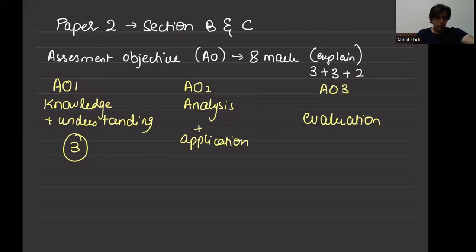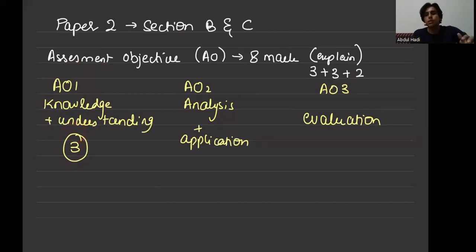You'll get 3 marks out of 8, and 3 only if you're lucky. There is a range from 0 to 3. You can get 1 mark, you can get 2 marks. It totally depends upon your answer. So only knowledge and understanding will give you 3 marks.